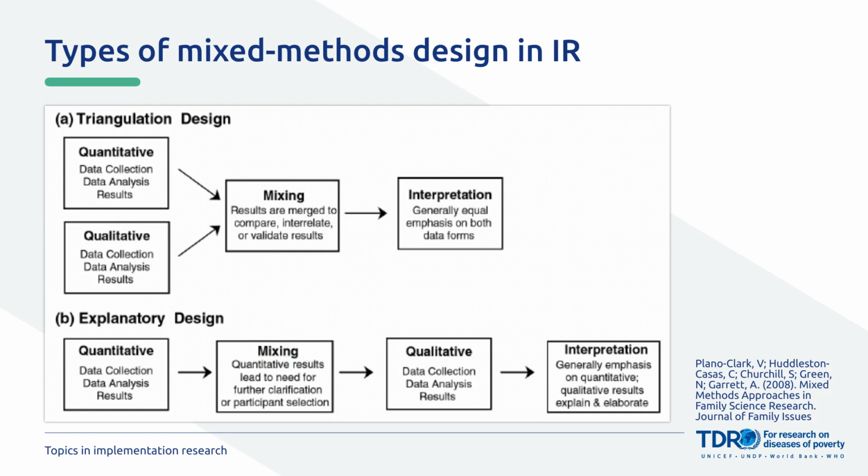The concurrent triangulation design conducts the quantitative and qualitative data collection at the same time. Results are then analyzed separately and merged, with similar weight being given to each. This design increases the reliability and validity of the results by allowing a more comprehensive understanding using different perspectives.